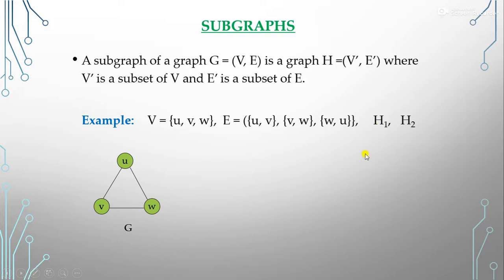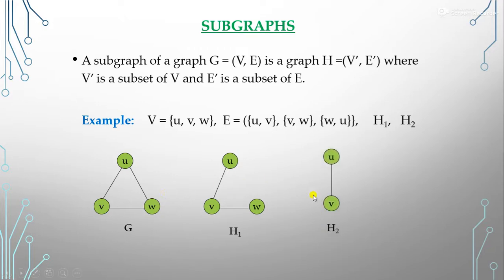Here H1 and H2 show subgraphs of this graph G. Suppose H1 has the three vertices U, V, W and two edges, UV and VW. This is called a subgraph of G, because the vertices are the same and there are fewer edges.